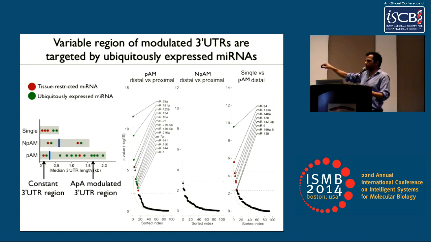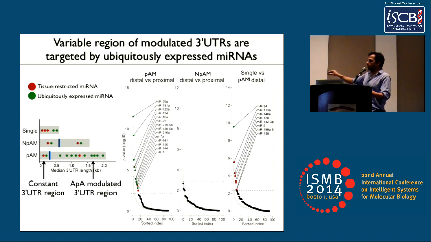It's always there, just like the single UTRs. And what we saw is that when you compare binding of microRNAs to variable regions of UTR versus constant ones, we found an enrichment of binding of ubiquitously expressed microRNAs to ubiquitously expressed genes in the variable region when you compare binding to here versus here.